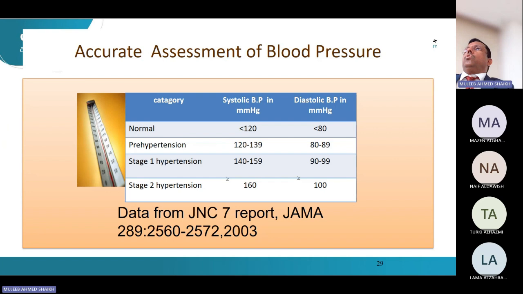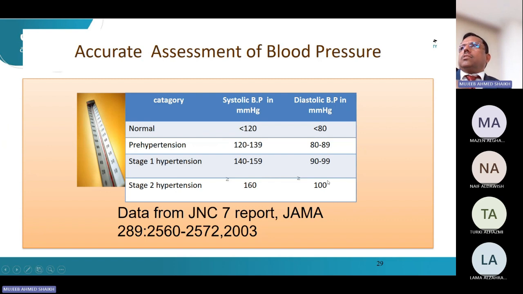That means if you don't change your lifestyle or eating habits, then you may land in hypertension. Similarly, if it is between 140 to 159, they say stage 1 hypertension, and stage 2 is more than or equal to 160, known as second degree hypertension or the second stage of hypertension.